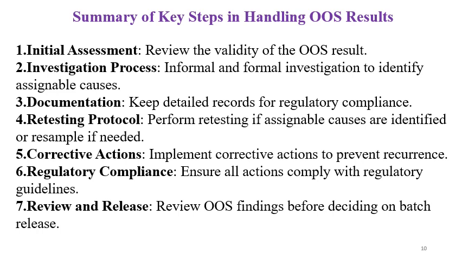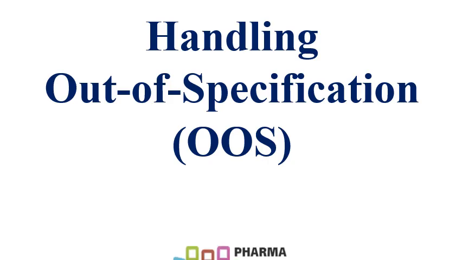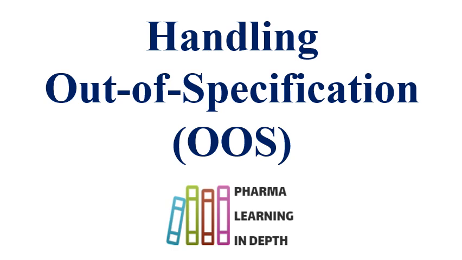Perform retesting if assignable causes are identified, or resample if needed. Corrective actions. Implement corrective actions to prevent recurrence. Regulatory compliance. Ensure all actions comply with regulatory guidelines. Review and release. Review OOS findings before deciding on batch release. So this is the information on handling out of specification results.